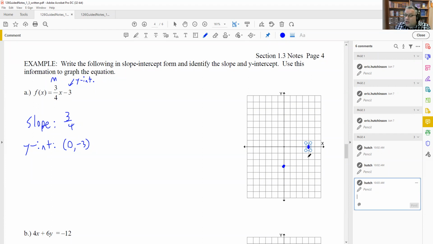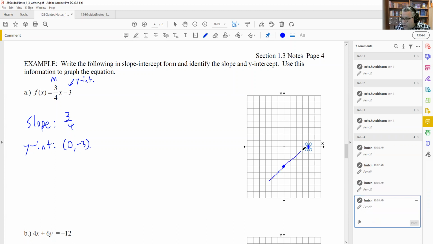So I'm using the slope in order to generate all of my points. I can keep doing this over and over, going up 3/4, up 3/4, forever, but you only need 2 points to determine a line. Again, starting from here, we go up 3 units, then 4 units to the right, and make a dot right there.